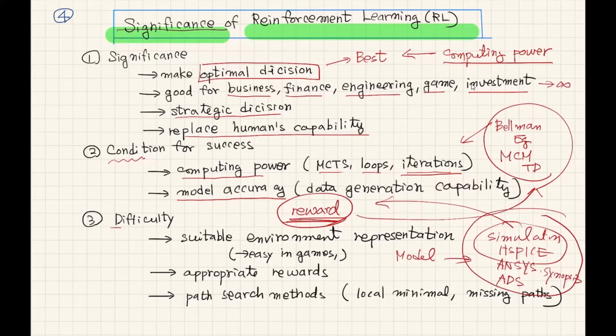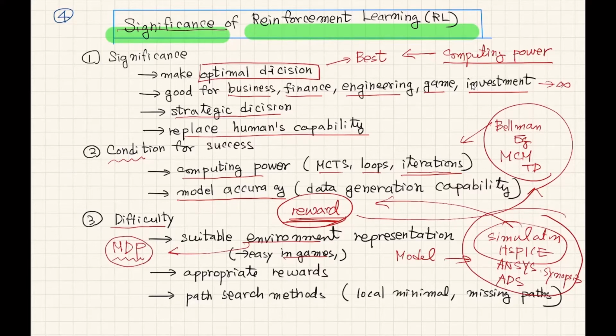Also, a difficult part is that the environment itself should be a Markov decision process. Later on, I will explain the requirements of a Markov decision process. Such games are easily a Markov decision process. When you start to think about deep reinforcement learning for your problem, you have to think about whether your problem is a Markov decision process.